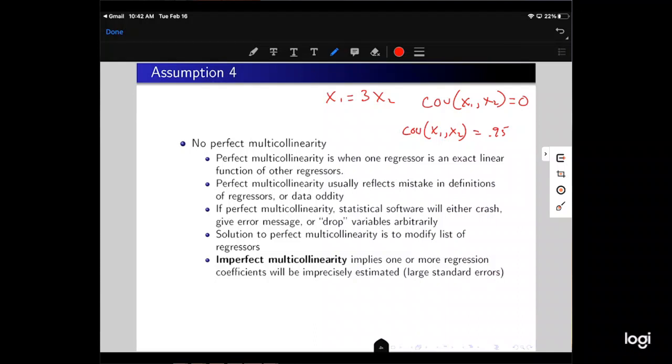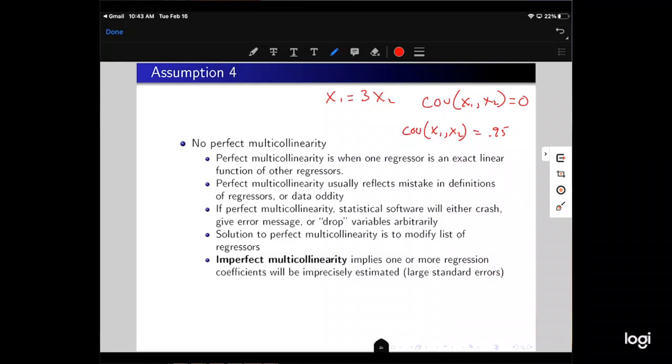They're highly correlated but not perfectly correlated. The problem is that including both means that maybe x2 is absorbing all the variation in x1 in your model, and so you really can't determine which one is the driving force behind the y variable.